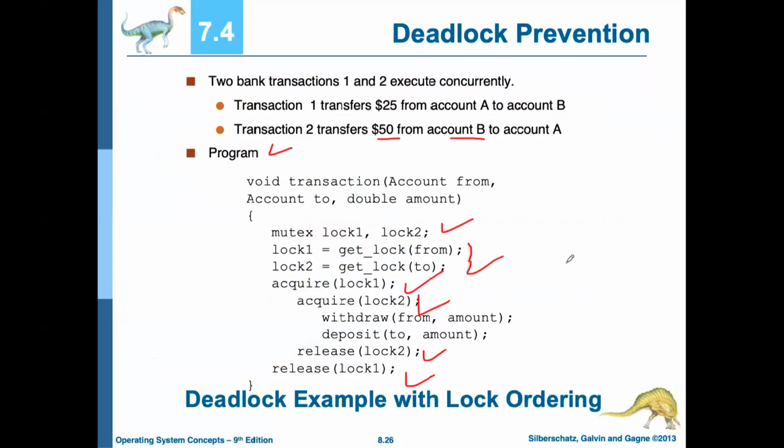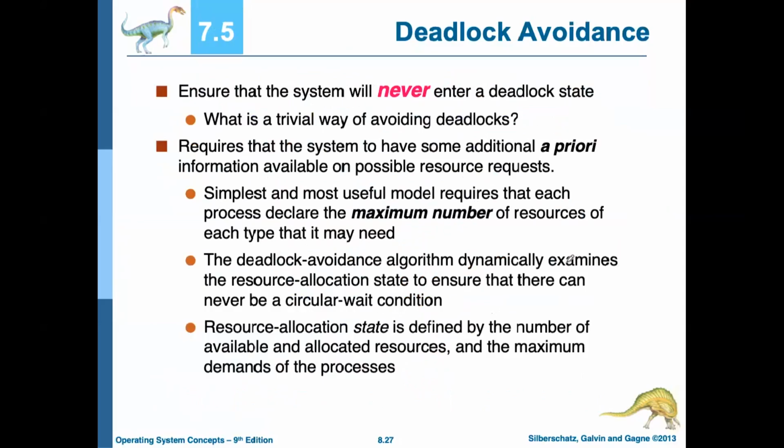So ensure that the system will never enter that deadlock state. What is the trivial way of avoiding deadlocks? It requires that the system have some additional a priori information available on possible resource requests.